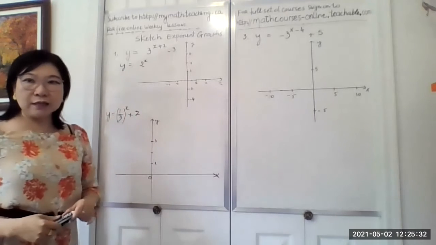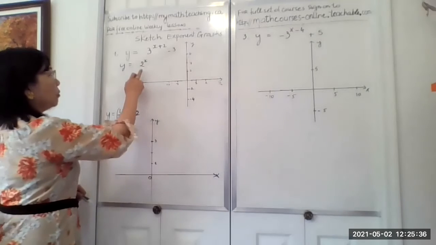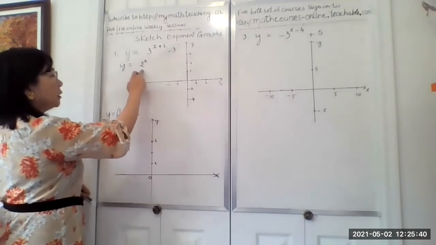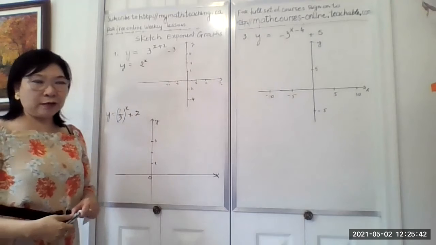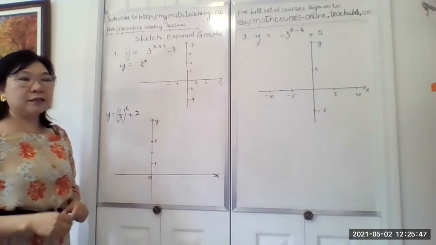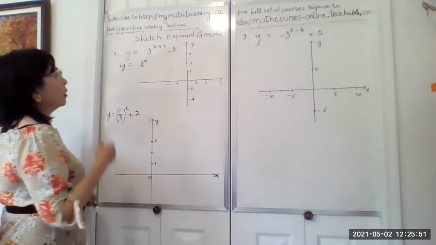If we start from 1, 1 to any power is just 1. And therefore, we know that the base here has to be a number other than 1. So it could be 2, could be 3 or 5 or 10, but not 1.